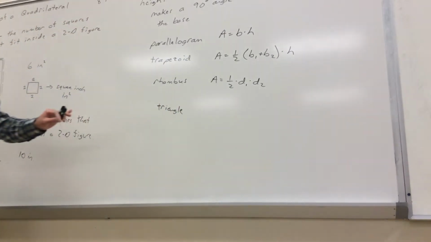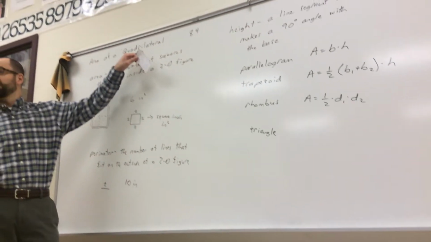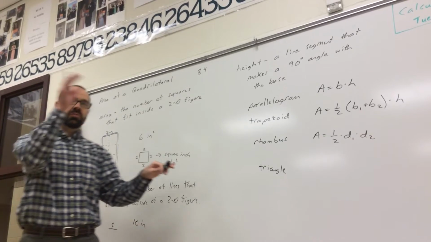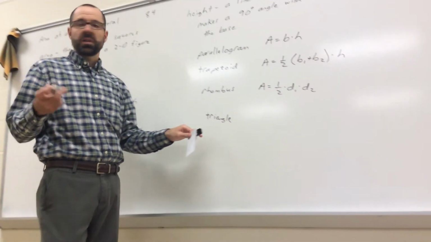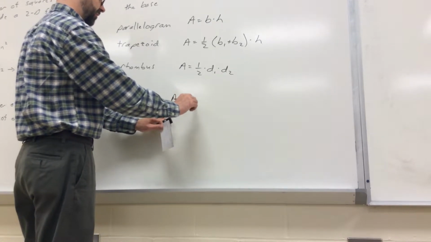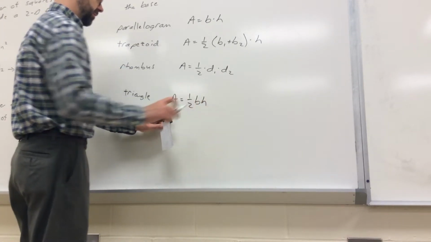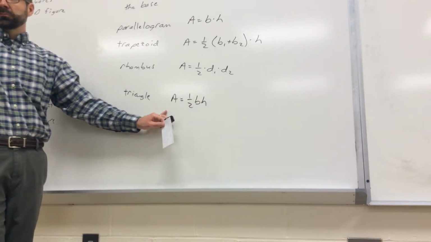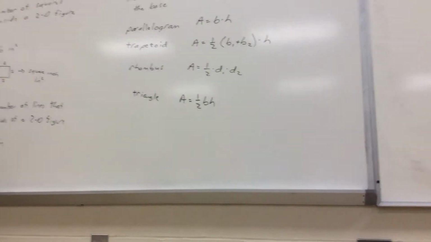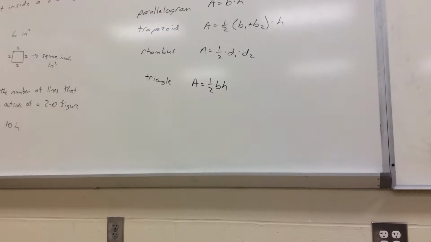Now, of course, a triangle is not a quadrilateral, so it really doesn't go on this note card. But since I'm giving you a bunch of area formulas, I just thought I'd include this one on this note card. Area of a triangle is 1/2 times base times height. Okay, that's it for the note card.